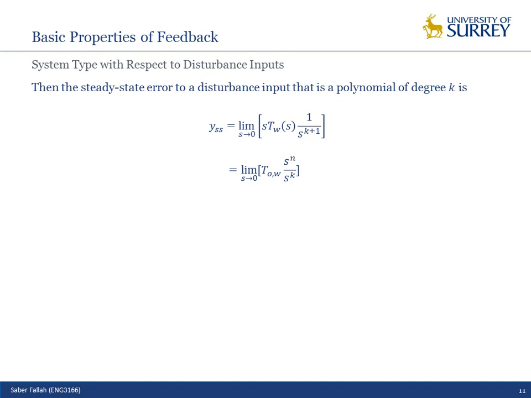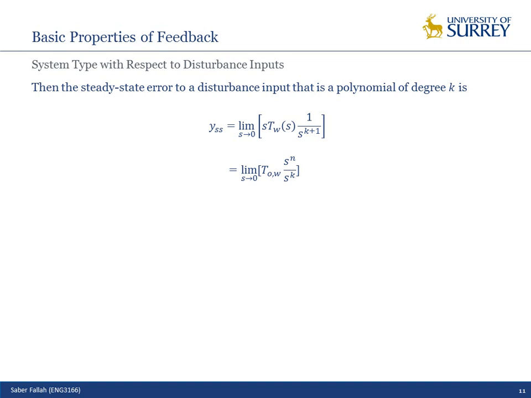Based on the final value theorem, the steady state error is equal to the limit of e(t) when t goes to infinity. In this case, it will be equal to the limit of minus y(t) when t goes to infinity. That's why the steady state response is equal to the steady state error.